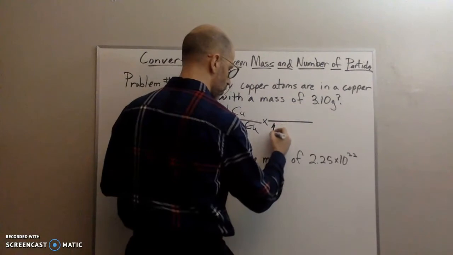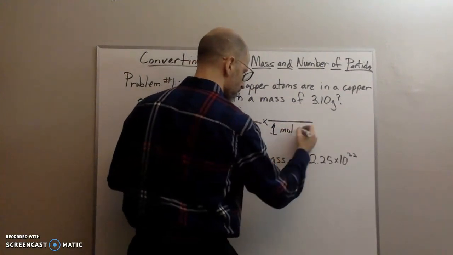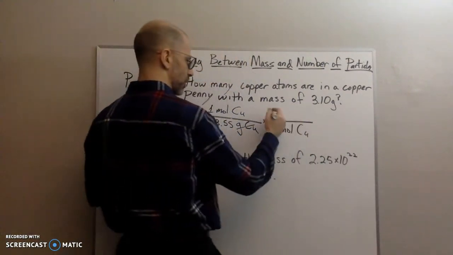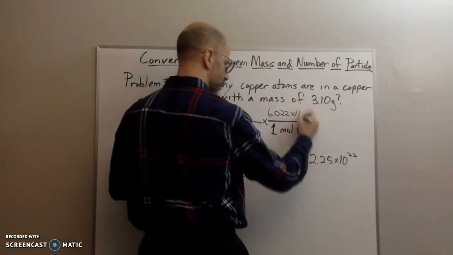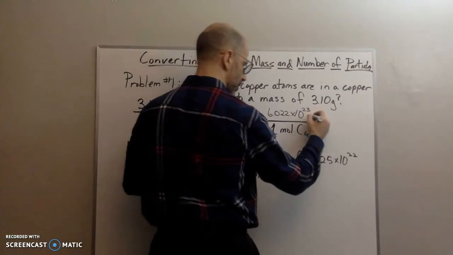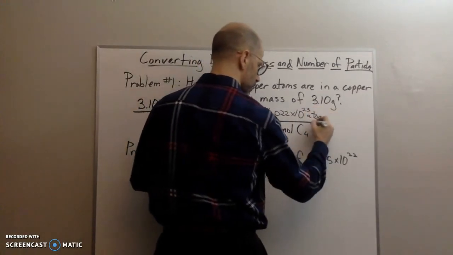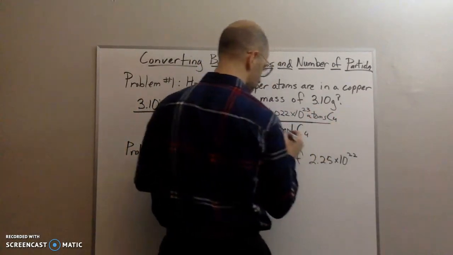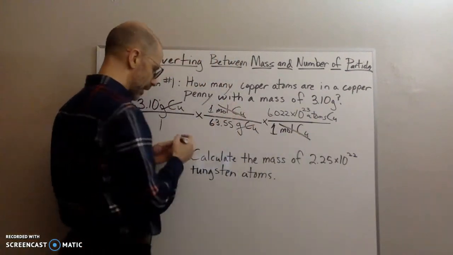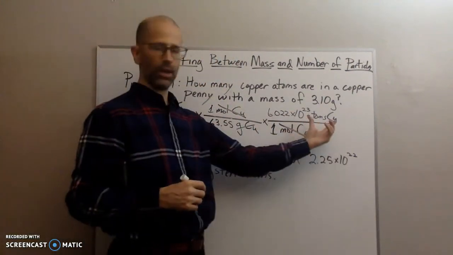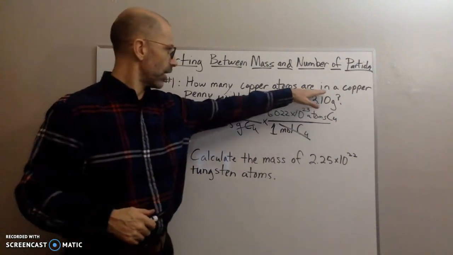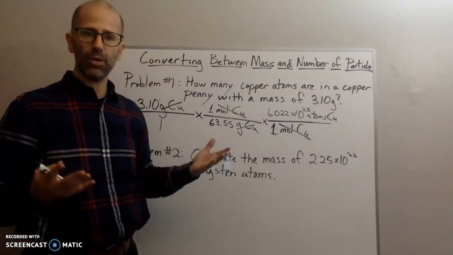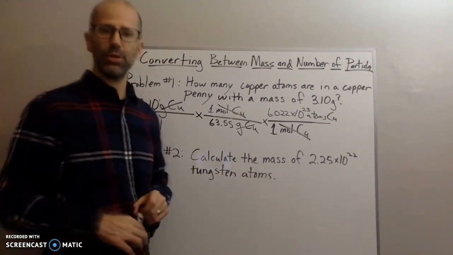So 1 mole of copper is equal to 6.022 times 10 to the 23rd atoms of copper. So moles of copper cancel out. I'm left with atoms of copper on the top. Atoms of copper is what I want. I am now done. Now all I need to do is calculate.